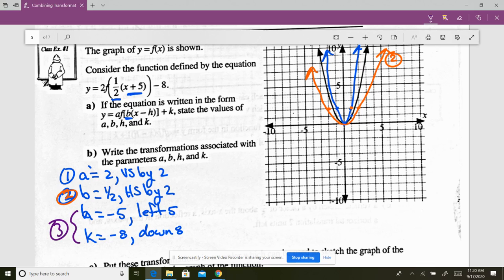Because it's easier if you just do them at the same time. When you're moving, especially a parabola or an absolute value graph that has a clear vertex, so we're going to go left 5, down 8. And for a parabola graph, that's all I'm going to expect. It's hard to represent the width of it and all that kind of stuff. So there's your final graph.